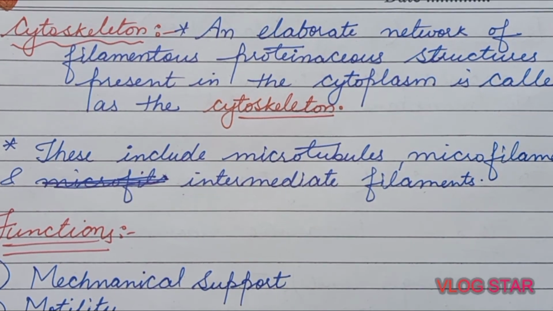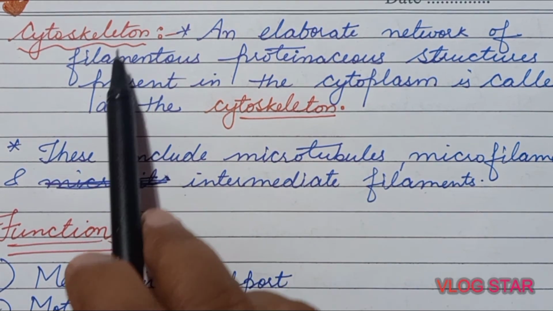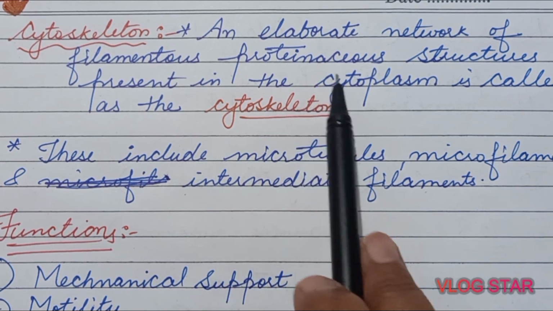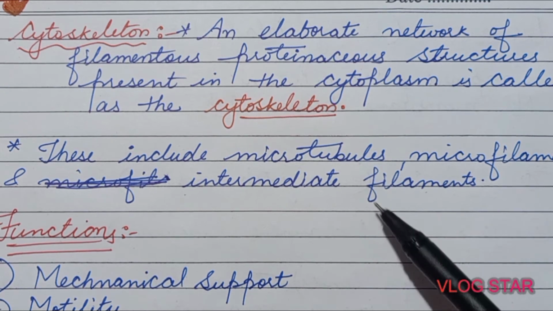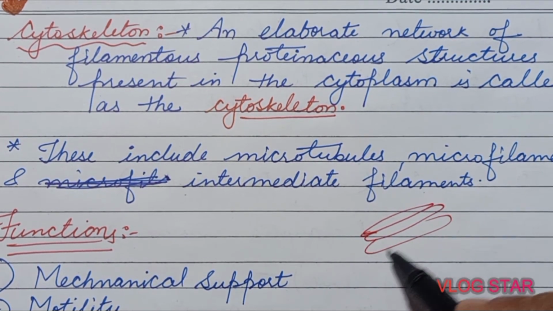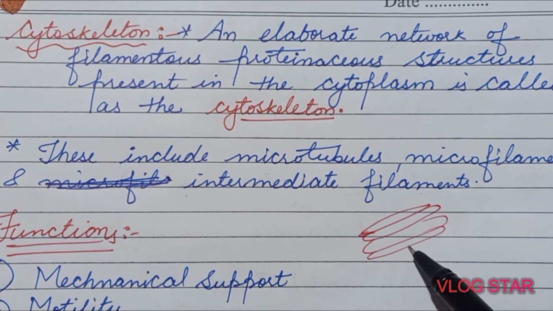Okay. So the cytoskeleton forms an elaborate network of filamentous proteinaceous structures. Means they have several proteinaceous filaments. They are also present inside a cell, in the cytoplasm of a cell.